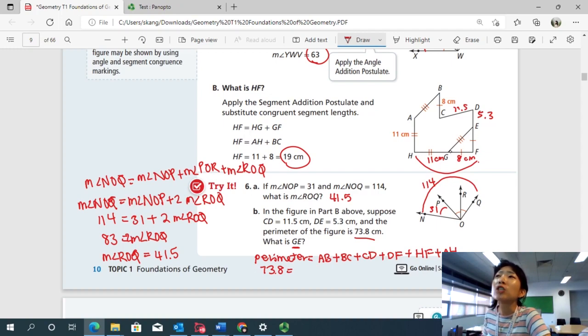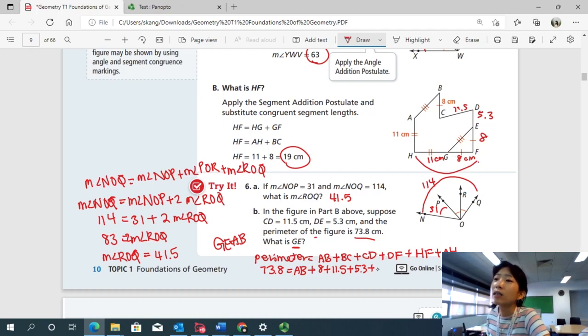We want to figure out GE. GE is equal to AB. So if we figure out AB, that's like figuring out our answer. GE is equal to AB, plus BC is 8, CD is 11.5, DF is 5.3 plus EF, which is 8, right? Because it's the same as GF.